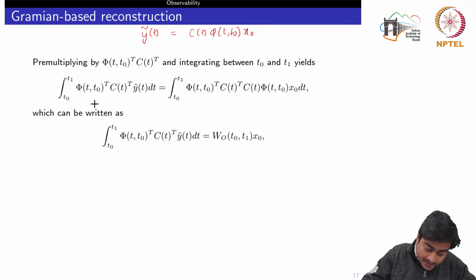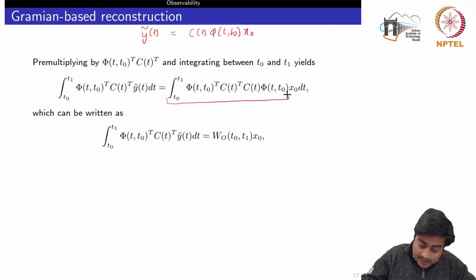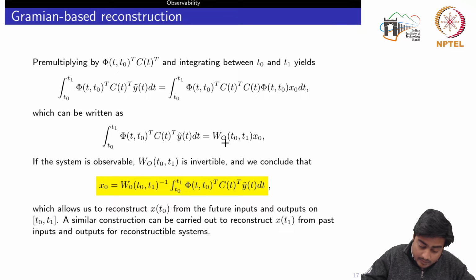Keeping the left hand side as it is, notice this whole term is nothing but your observability Gramian. So I can replace it on the right hand side as the observability Gramian multiplied by x0. Now, taking the property of observability, which says that the observability Gramian is invertible, or full rank, it is possible to take its inverse, which is a square matrix, to perfectly reconstruct this x0 using this formula.